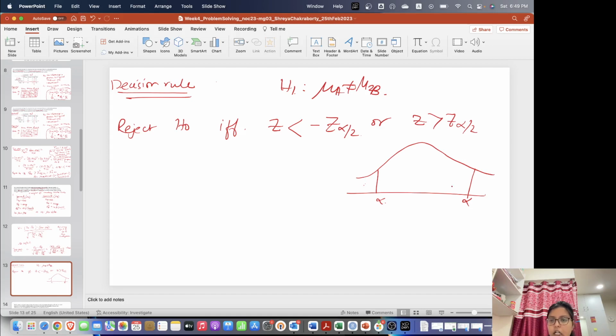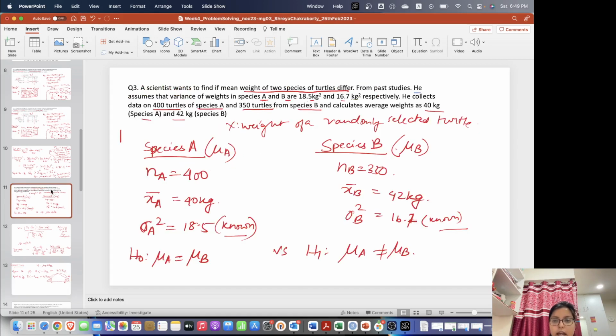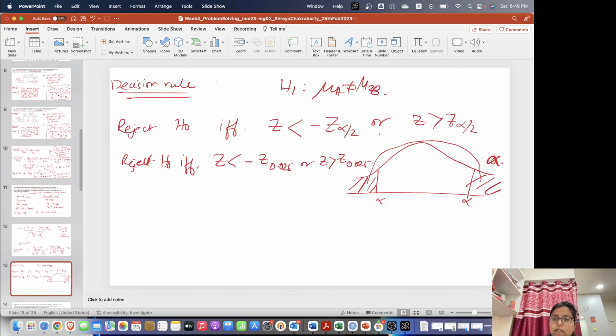If it falls here or in this range such that the total area is alpha, then only we are going to reject. In other words, we will reject H0 if and only if Z less than minus Z 0.025 or Z greater than Z 0.025. Here nothing has been said, so we'll take 5% level of significance, alpha equal to 5%.